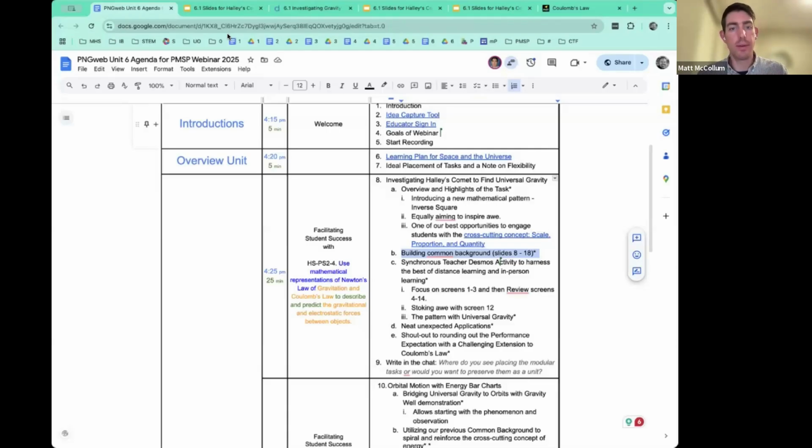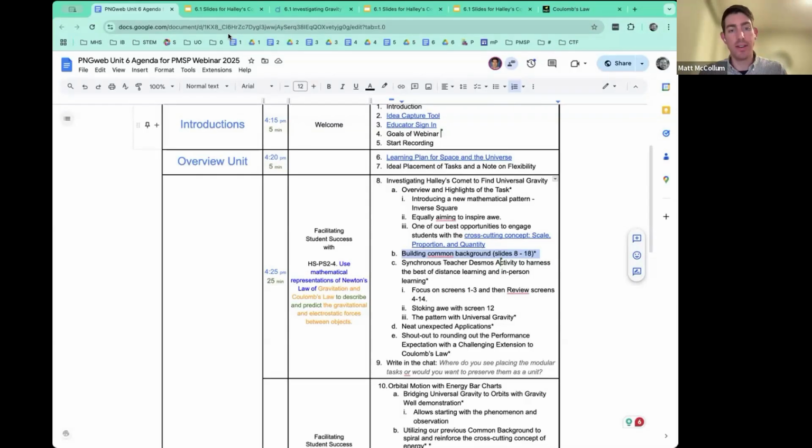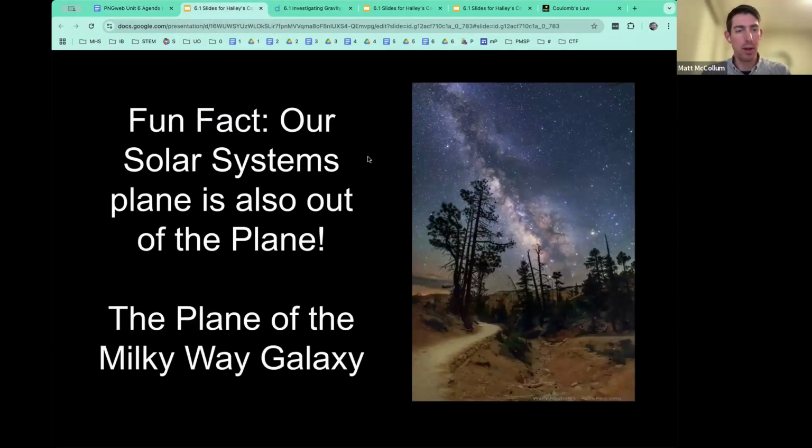A lot of students love astronomy, and this is an opportunity to think about the cross-cutting concept of scale and proportionality, and how we can use these vast distances that we're going to be examining.